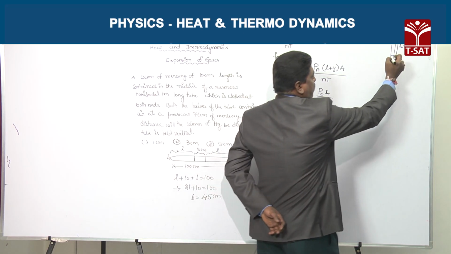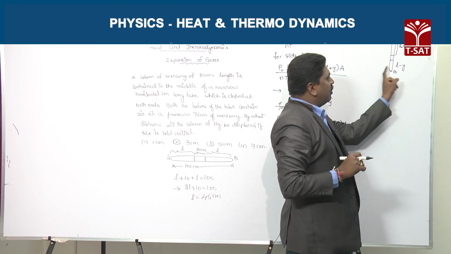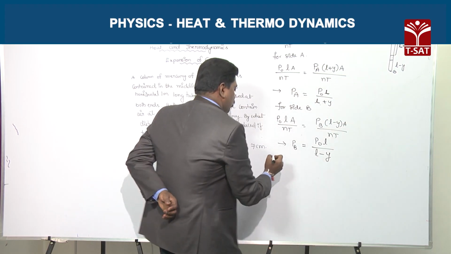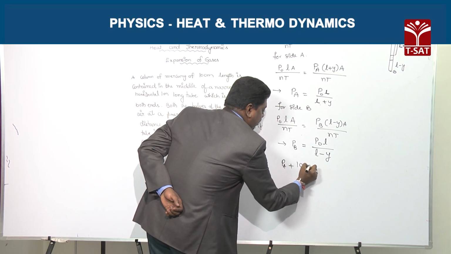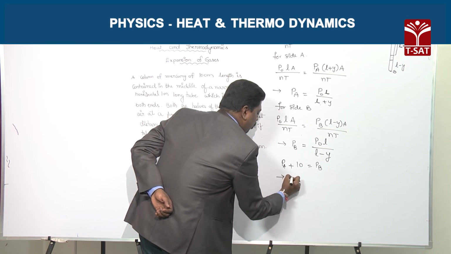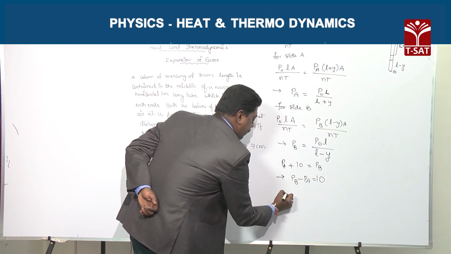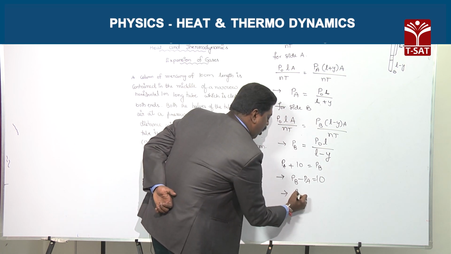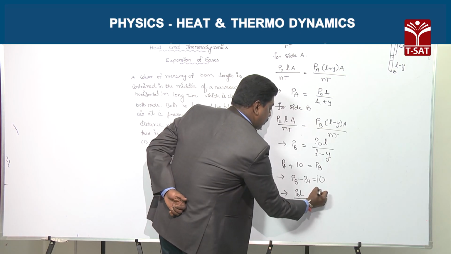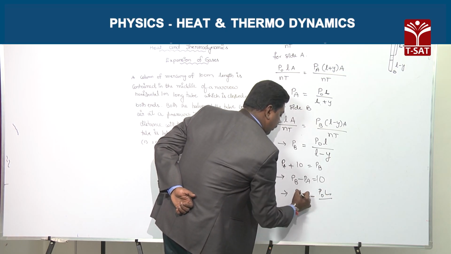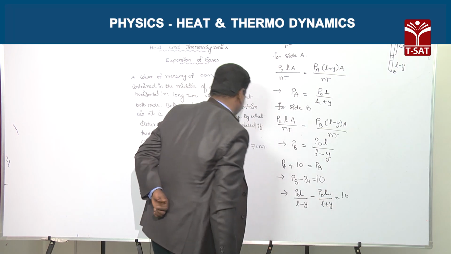In the equilibrium state, the pressure at A plus the pressure of the mercury is equal to the pressure at B. So we have PA plus 10 centimeters equals PB, or PB minus PA equals 10, which implies P naught L by L minus Y minus P naught L by L plus Y equals 10.